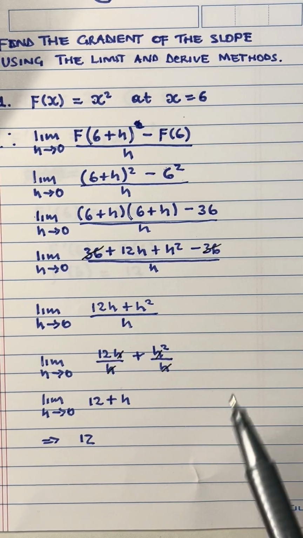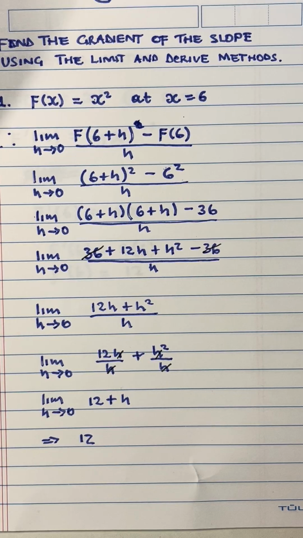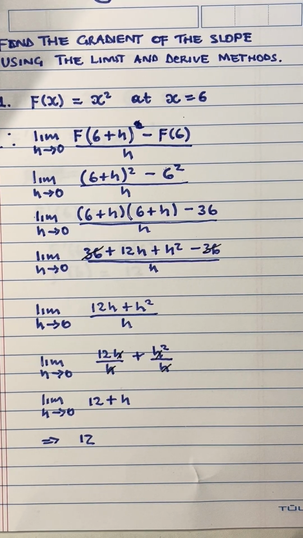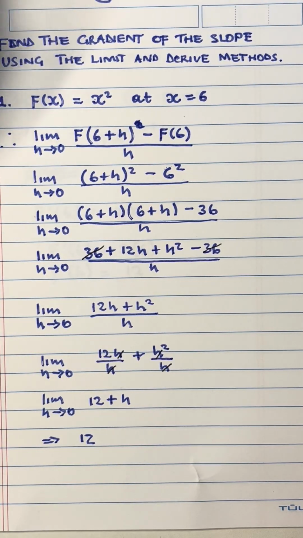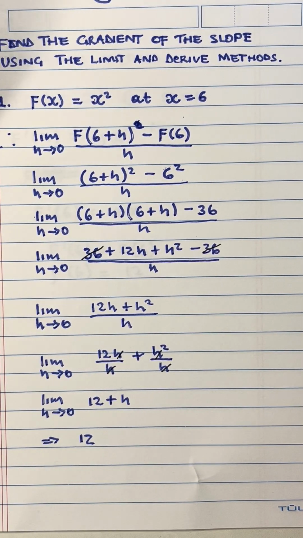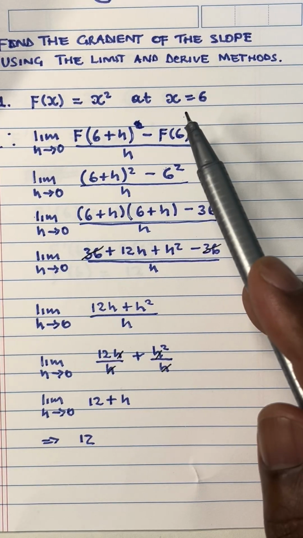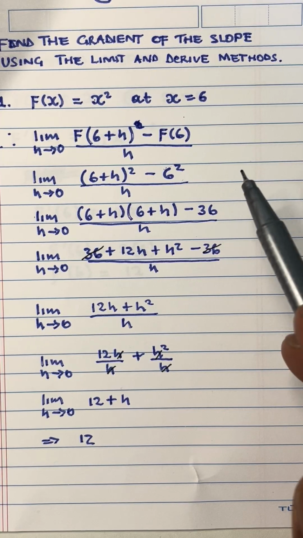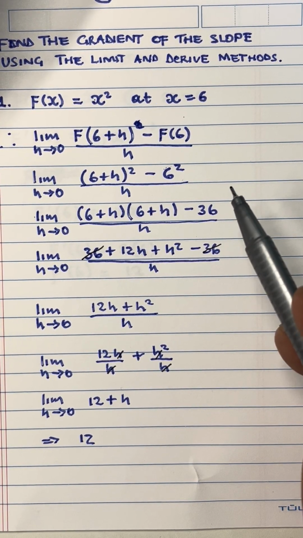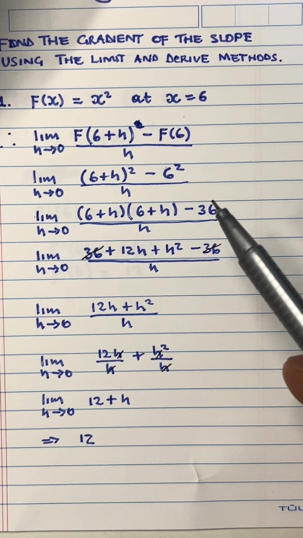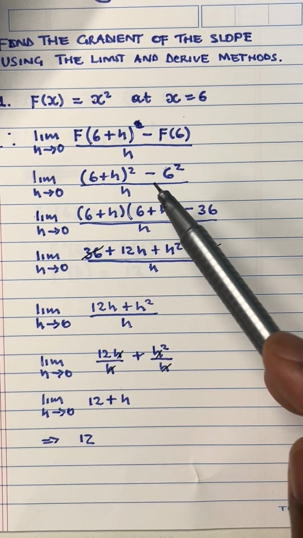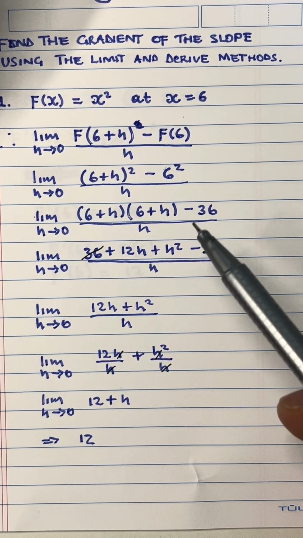Okay, now I have a problem here which says find the gradient of the slope using the limit and derivative method. Oh, I wrote derive over there. Excuse me. Okay, this is math, it doesn't matter. f of x equals x squared, and we have to solve this at x equals 6. So the first thing that we should be doing is where there is an x in the equation, we put a 6.